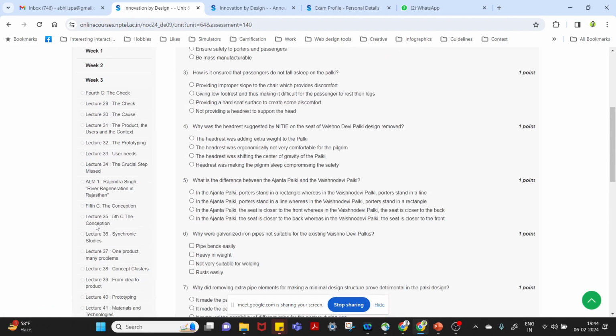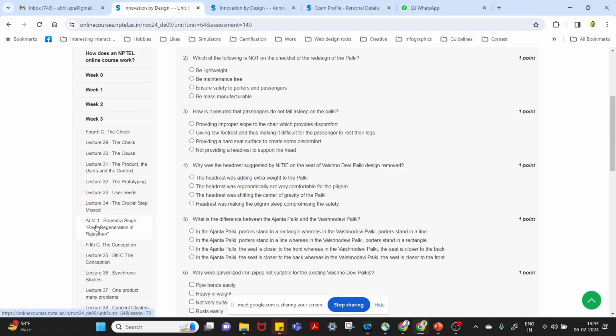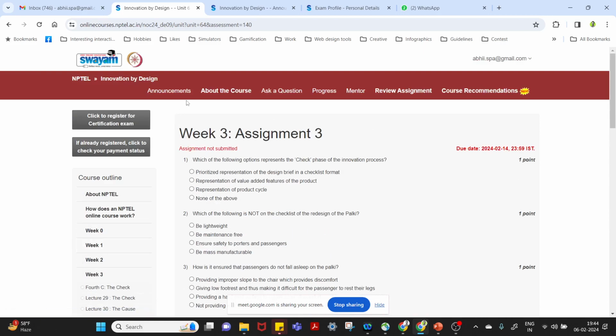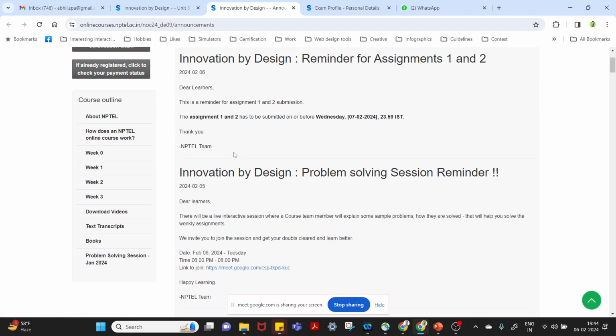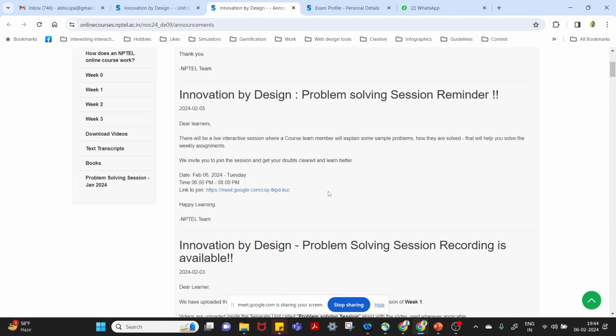For best three, you need to have at least three of it. This is the announcement tab. The announcement tab, as I mentioned, contains a lot more information about the different schedules, wherein you have problem solving session reminders like we are having today, so it will be given.